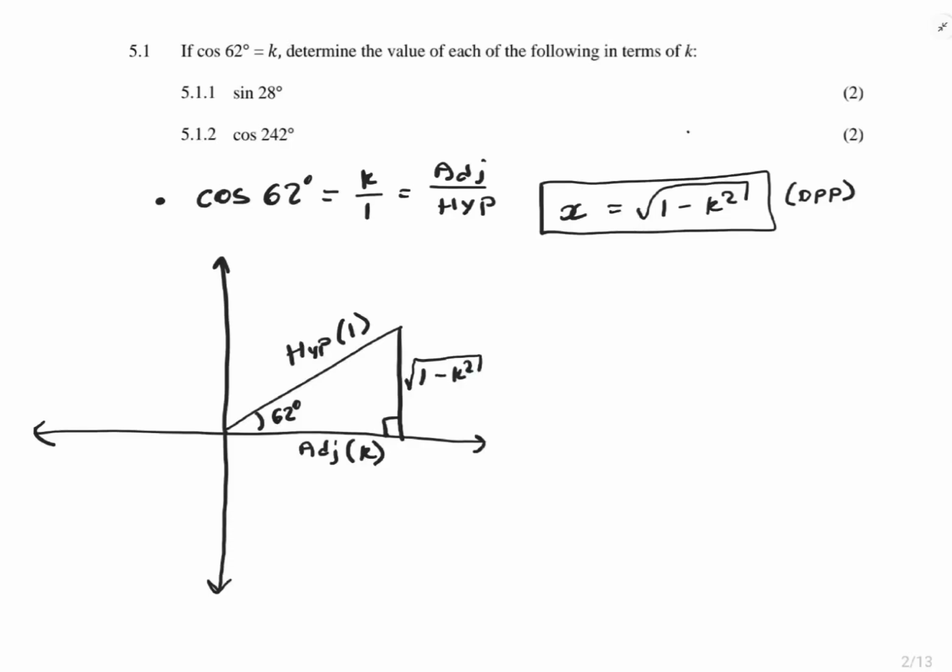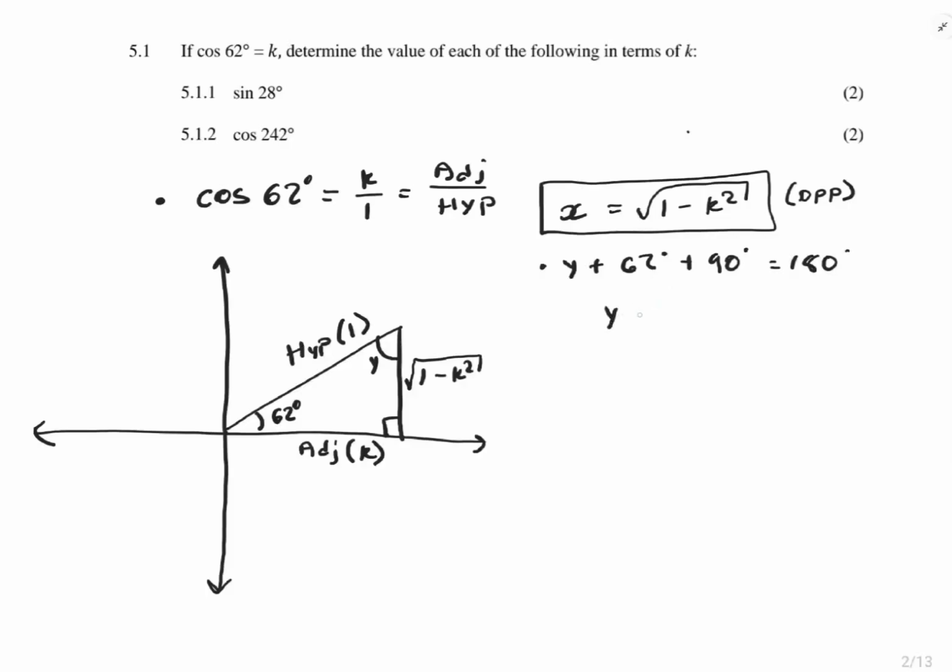Now if you look at the question 5.1.1, they say sine 28, but we don't have any 28 over here. But if you watched the previous video, as I explained, there's this angle inside our triangle. If we try to find it, you might be surprised that it is actually 28, but let's find it. What's the sum of angles in a triangle? It is 180. Let's call this angle y. We have y plus 62 degrees plus 90 degrees equals 180 degrees.